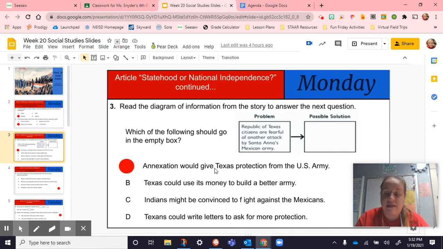They were saying that if they joined with the United States, they would have the protection of the U.S. Army. So that would be a possible solution to them worrying about another attack. We're kind of a day behind here, but that's okay. Tomorrow we'll do Tuesday, and we'll figure it out throughout the week.